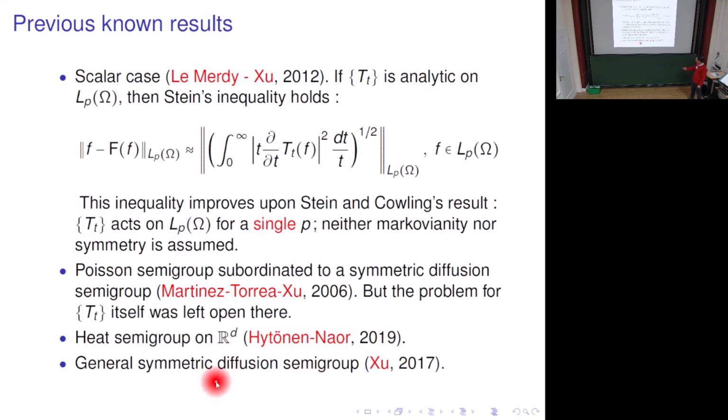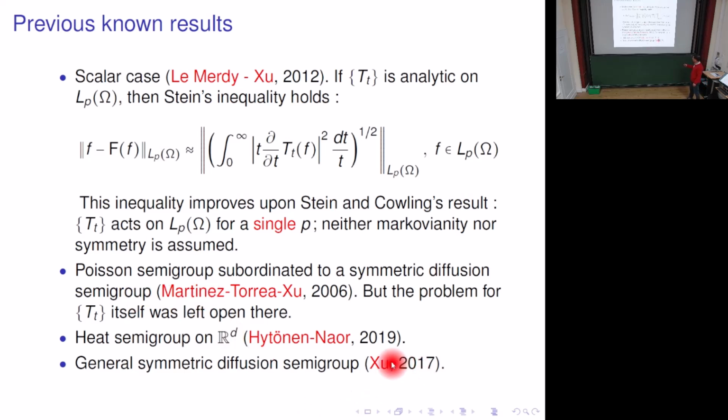In fact, their work gave me some motivation to come back to this theory, using some ideas from their paper. Although they consider only this very special case, some ideas work in a more general case. So finally, I solved the problem left in my work with Martinez and Torrea for general symmetric diffusion semigroups.